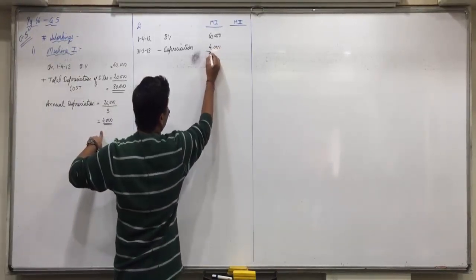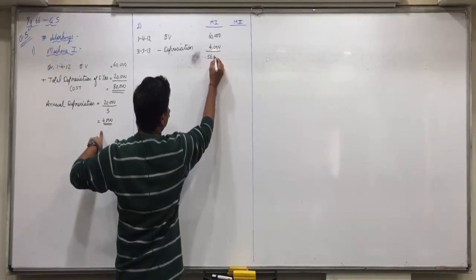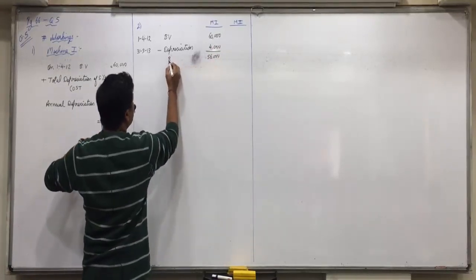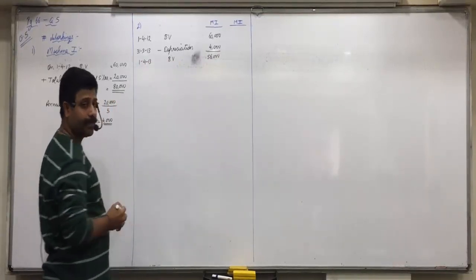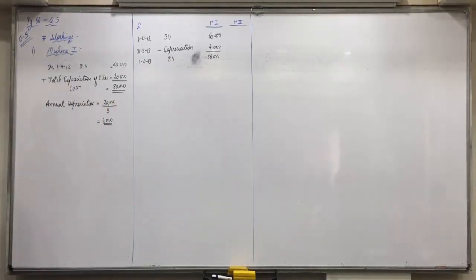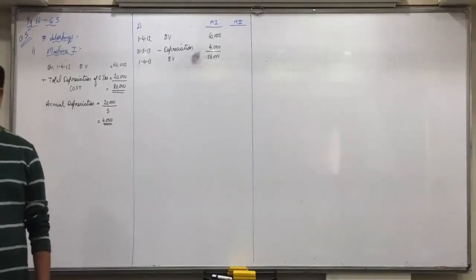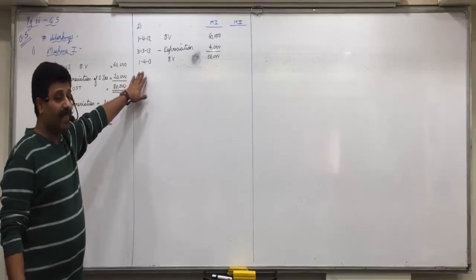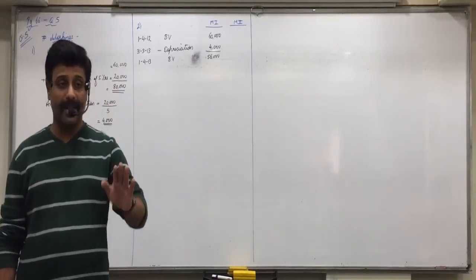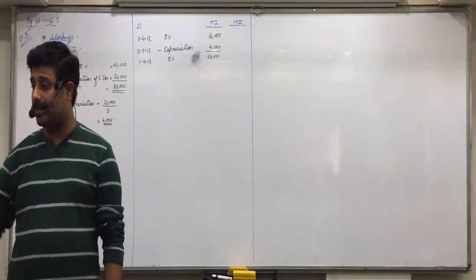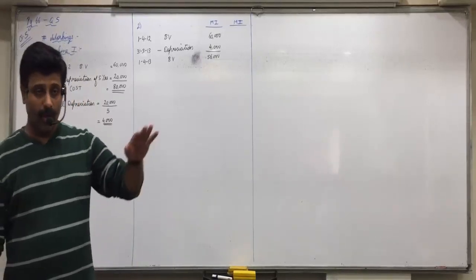So 56,000 will be the book value on which date? 1/4/13. Any confusion with this? Fill in what next? Correct, very good. Be ready. When does this 1/4/13 year end? 31/3/14. And what is the date we underlined? 1/1/14.